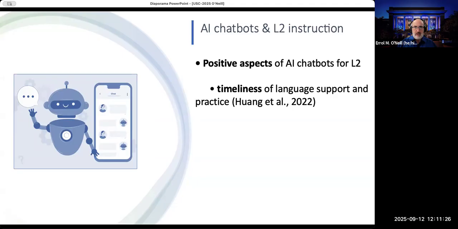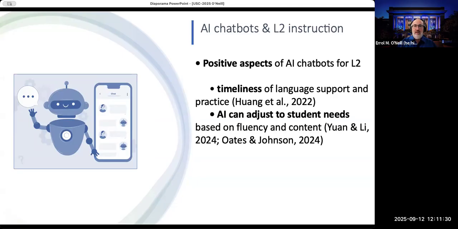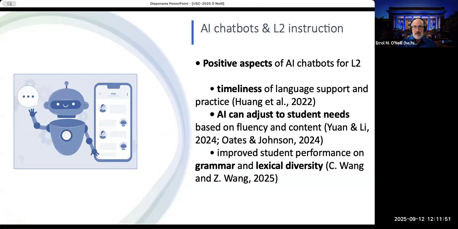It's basically there at any time a student would need help or would like to practice. AI can adjust to students' needs based on fluency and content. So in many, but not necessarily all cases, the AI chatbot will try to adapt its output based on what it perceives to be the student's level in the language.